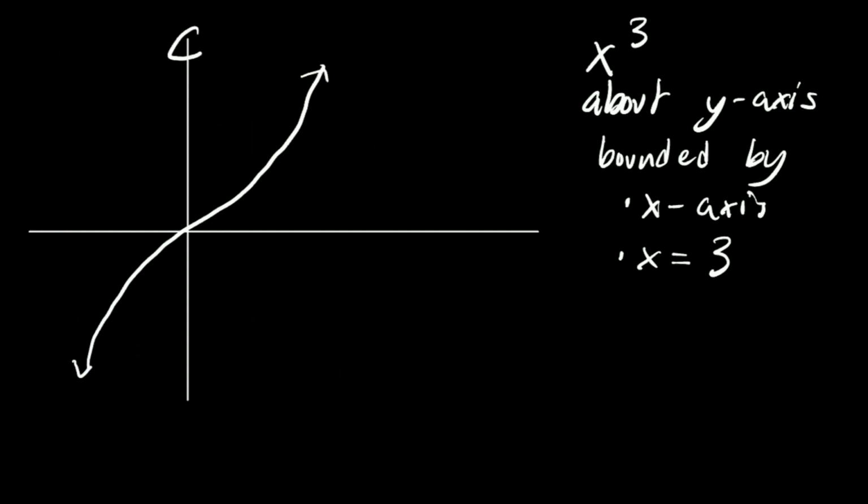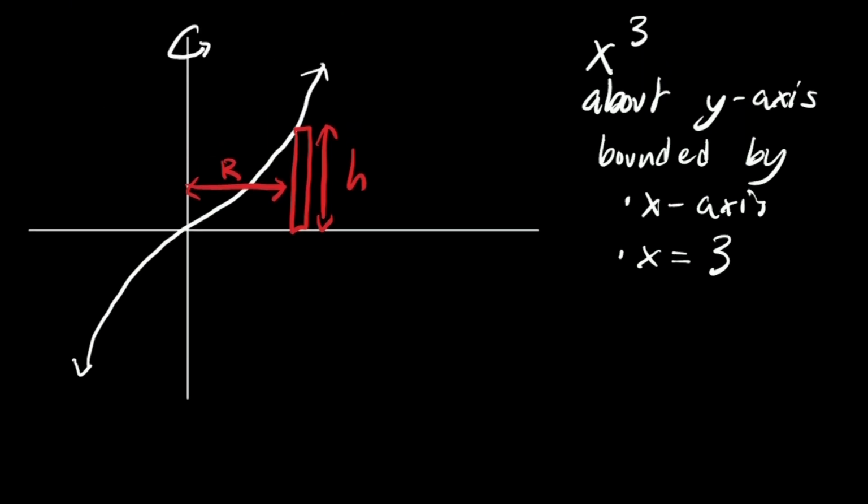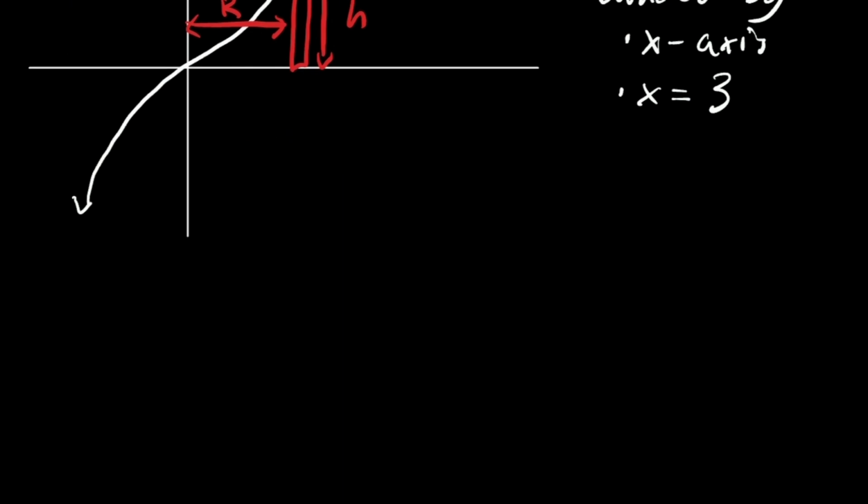We're rotating about the y-axis, which means our rectangle will be parallel to the y-axis. So this is our h, and this is our r. In this case, our r will simply just be our x because we're measuring how far along we are in the function. So let's write out our function.